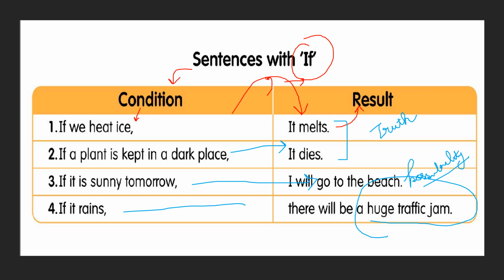The first two conditions are telling the truth, the next two conditions are a likely possibility, it can happen or it cannot happen, right? There is no 100% surety that only this is going to happen. But when I look at both these sentences, there is a short evidence that no matter whatever happens, if this is a condition, then this is going to be the result.